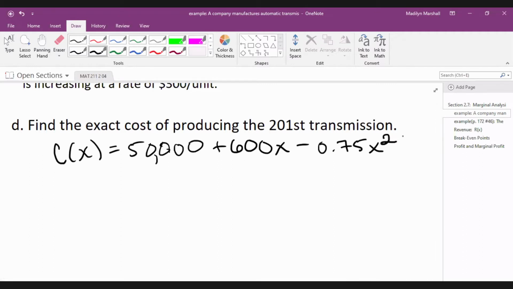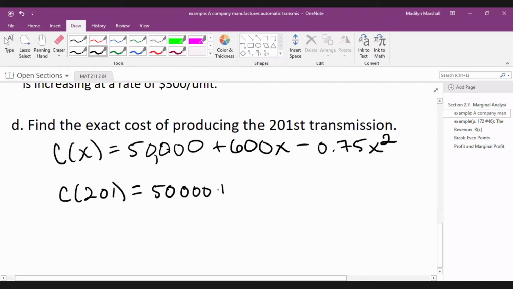Is this just a plug and solve? Yes. What are we going to plug in? The 201. Yeah. So if we plug in 201, that is part of what we need to do. So we'll just go ahead and do that.